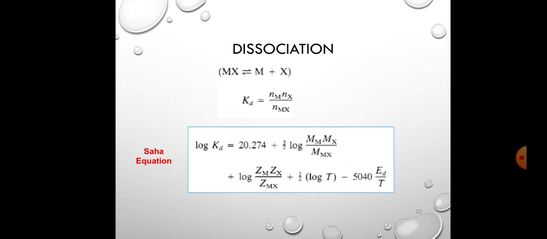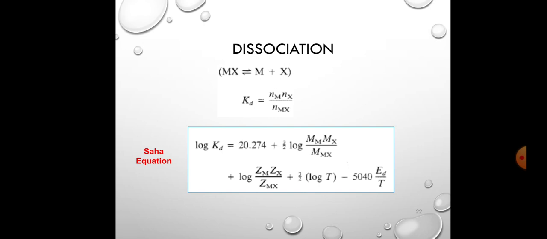You see, Nm is actually not the concentration, because concentration is used for solutions, but in the vapor phase, instead of concentration, we use N, that is the number density, the density of the atoms. So we have Nm, then we have Nx divided by Nmx. This is the dissociation constant.